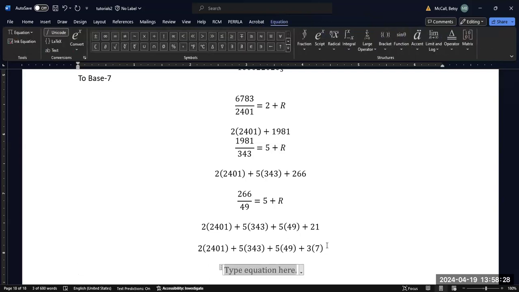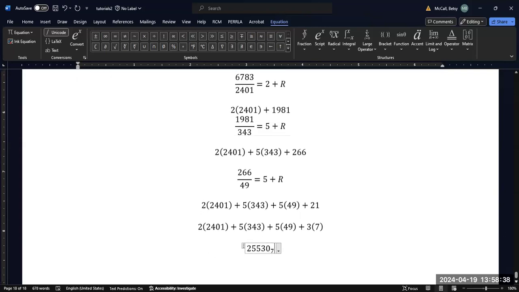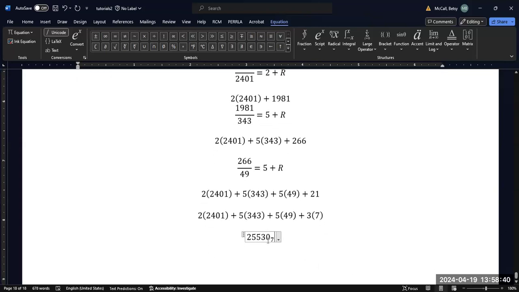So this number in base 7 is going to be 25530. One's digit, seven's digit, 7 squared, 7 cubed, 7 to the 4th.